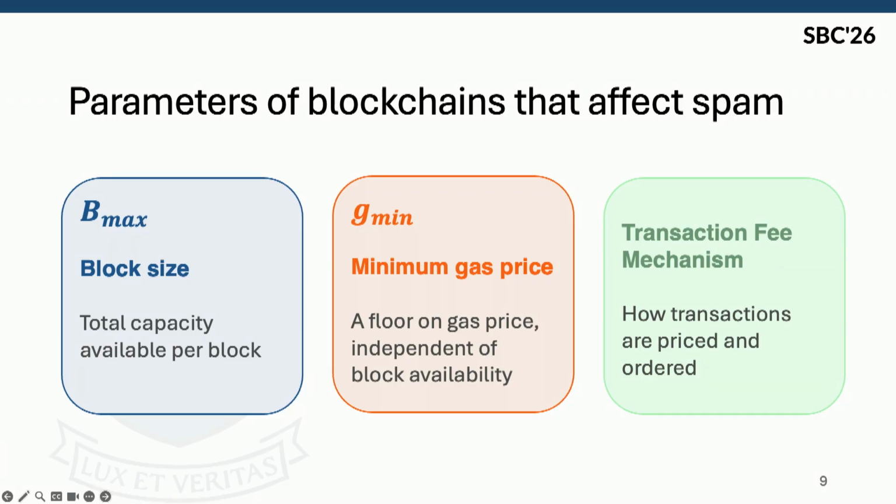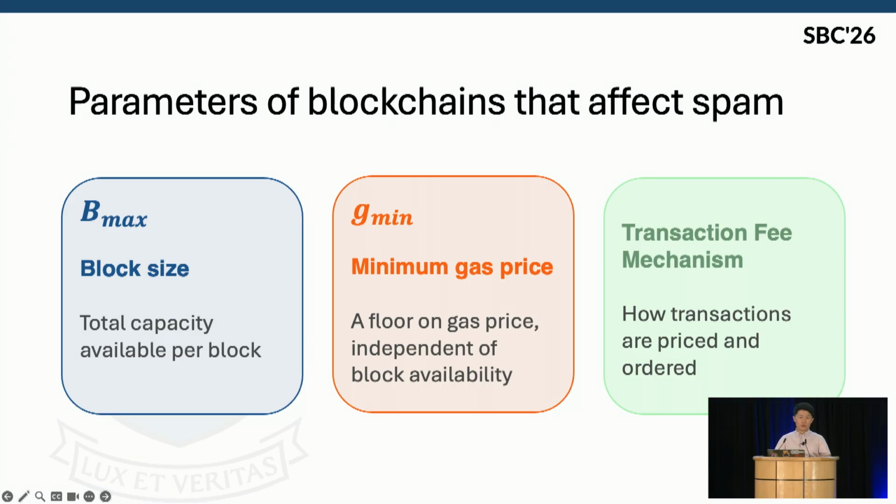So now I've introduced two parameters that may shape the behavior of spam transactions and eventually affect its volume. Firstly, Bmax, which we call the block size, is the total capacity available in each block. Secondly, Gmin, the minimum gas price, is the floor of the gas price each transaction has to pay, independent of the availability of the block.